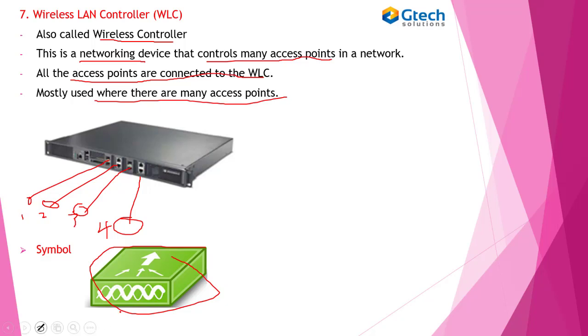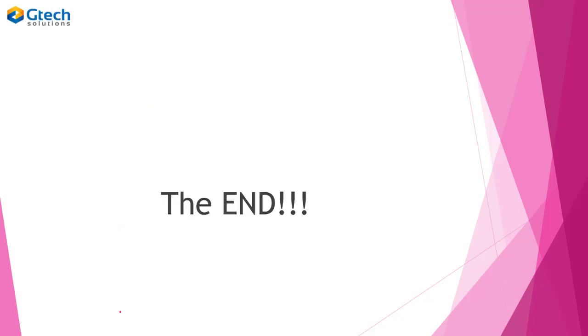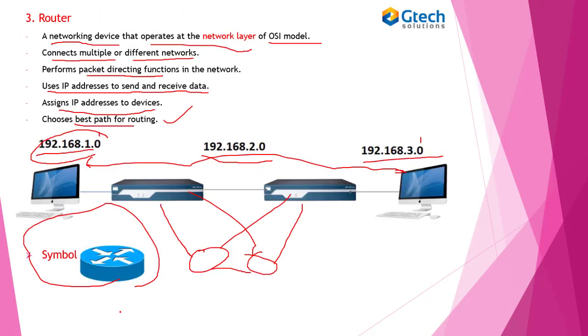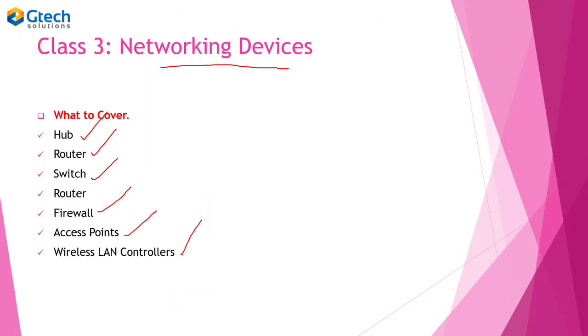Okay, so in the next class, wow, that's the end of this class. This class is very important because most questions are asked from this class. So just a recap, we looked at hub, router, switch, firewall, access points, and wireless LAN controller.